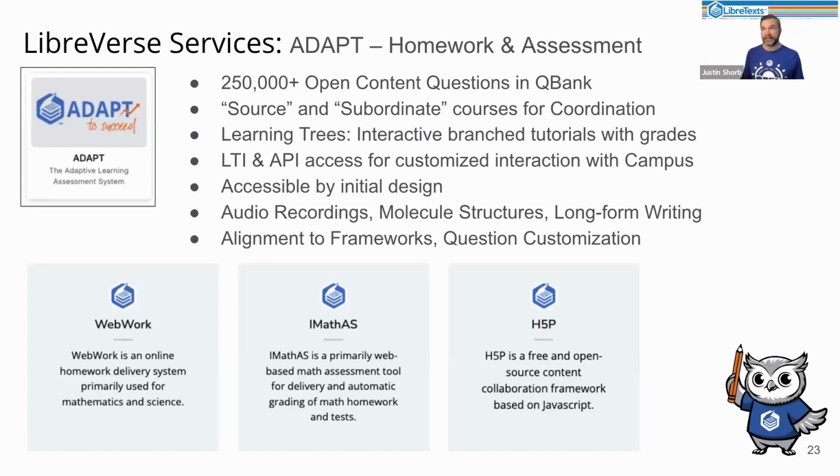We are LTI and API accessible, so we can have interactions with your Canvas or your Blackboard to report grades and whatnot, and have single sign-on from your institution for your students. We're accessible by initial design. You'll see this come up regularly because we were started by faculty and are largely grant-driven through federal funds and nonprofit.